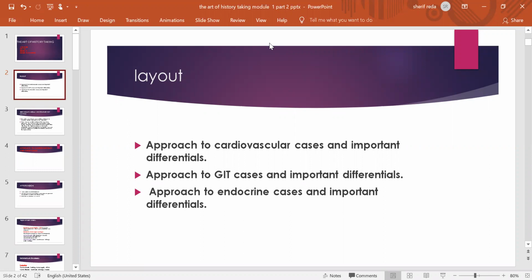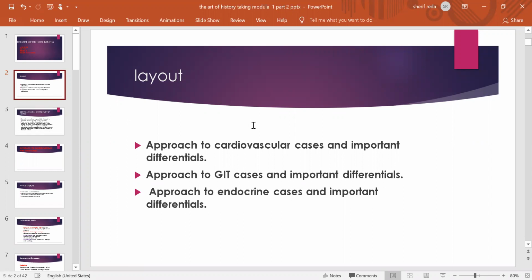So we will try to find the positive findings in each and every part of the history, and at the same time set, by the end of the discussion, a sensible differential diagnosis.